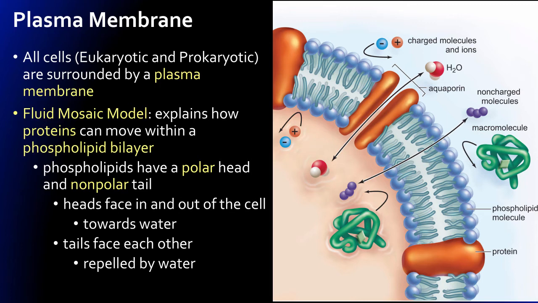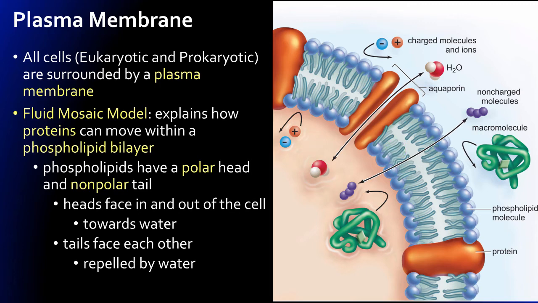Okay, so the things we need to know about the phospholipid bilayer are, again, that it has heads and tails, that the heads, composed of phosphate, are polar, and therefore they can be adjacent to water, whether it's outside the cell or inside the cell. But the tails are fatty acid tails, so they are nonpolar, they are hydrophobic, and that's why they face each other.